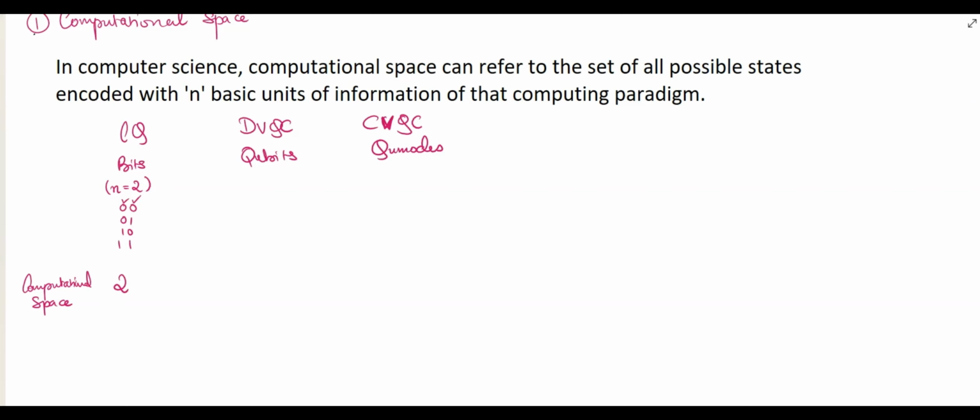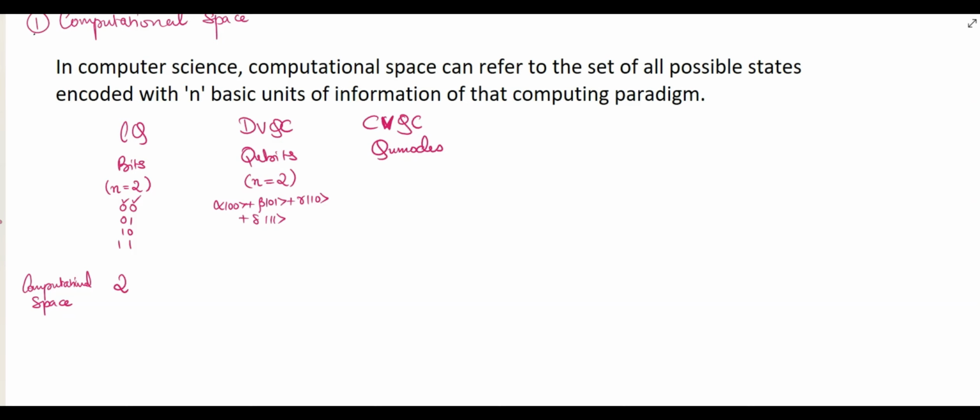Now let us move on to the discrete variable case. If I have two qubits available to me, I can represent four possible states with it: alpha 00 plus beta 01 plus gamma 10 plus delta 11.